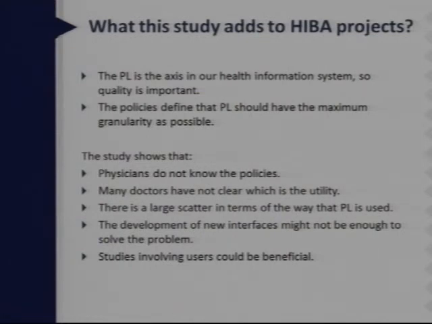In this context, we now know that physicians do not know our policies. Many doctors are not clear about what the utility of the problem list is. We have one who can't even find the utility of documenting, but we are looking for them to have an idea of why the problem list is important.